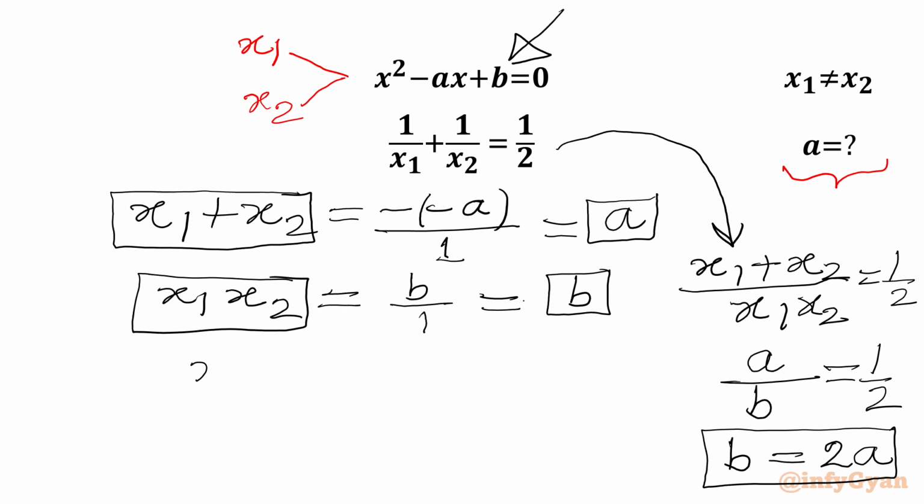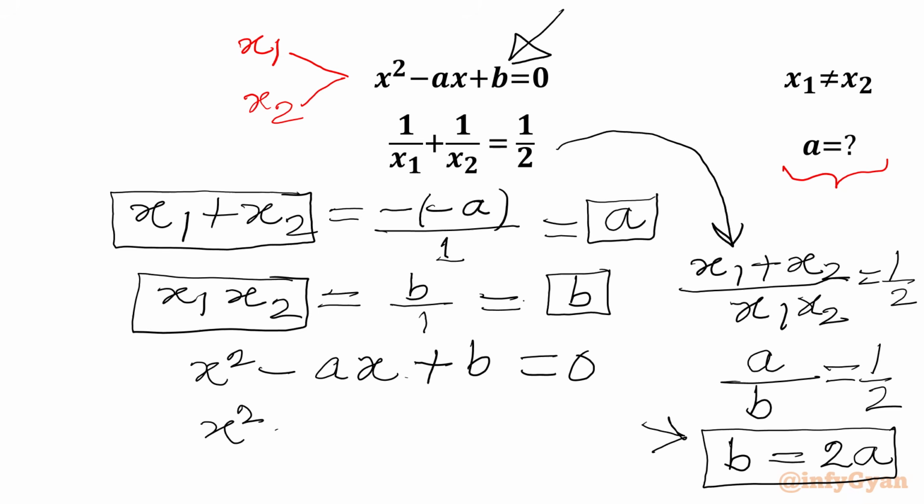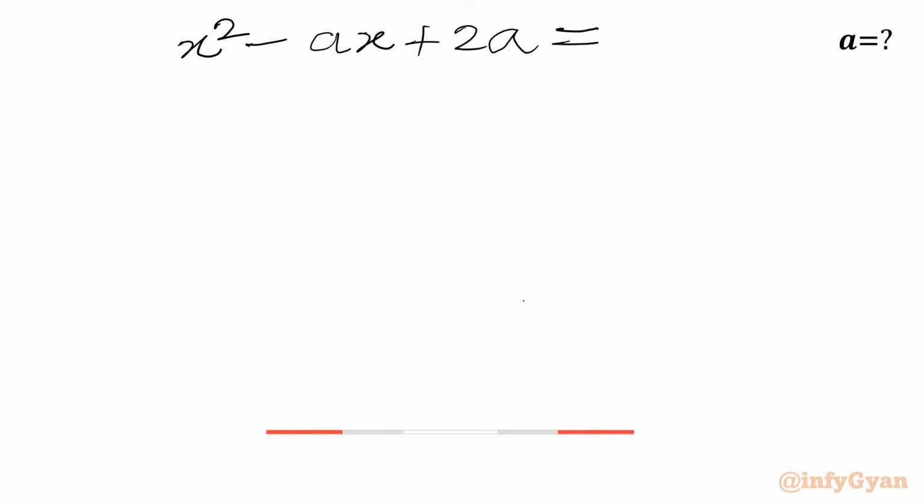So I can write equation x square minus ax plus b equal to 0. Now b is 2a. So we will write quadratic equation x square minus ax plus 2 times a equal to 0. Now we will find sum of roots, product of roots once again. So I will write quadratic x square minus ax plus 2a equal to 0. Roots are x1 and x2.